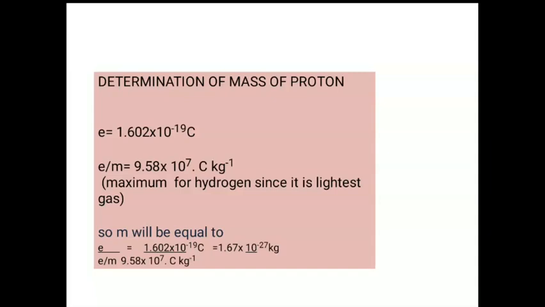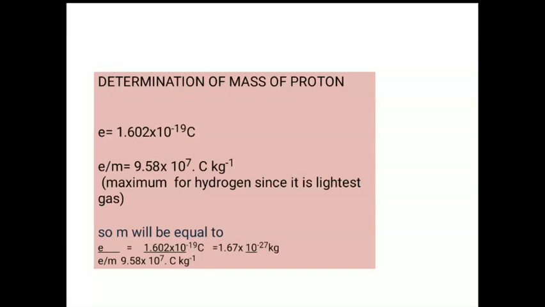The charge of proton was calculated very much similar to the charge of electron, and E upon M ratio was also calculated similar to the E upon M ratio for the electron. Whatever Thomson did, by the similar method, the similar type of calculations were done for the anode rays. So by simply dividing E by M, we got the mass of a proton.